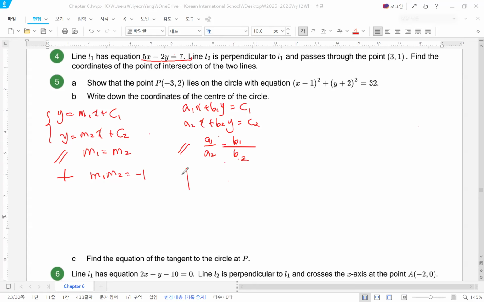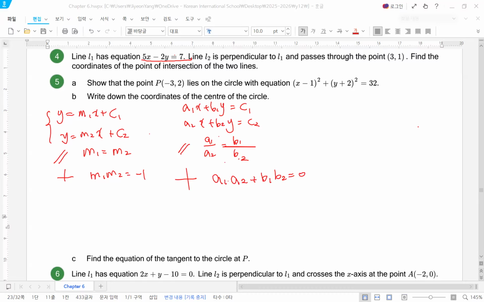If they are perpendicular, do you remember the relationship between two gradients or two coefficients of these line equations? a1 times a2 plus b1 times b2 equals 0.